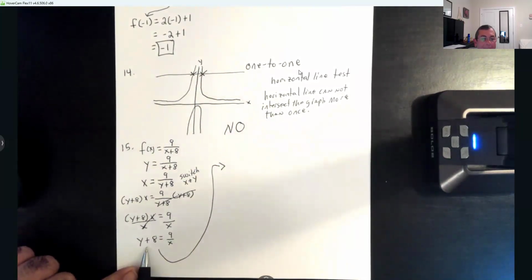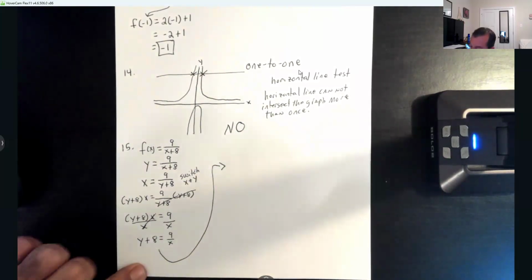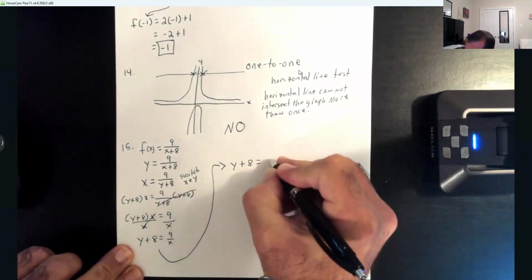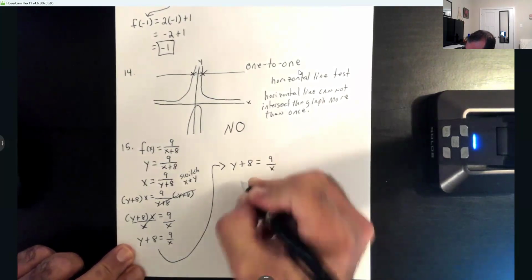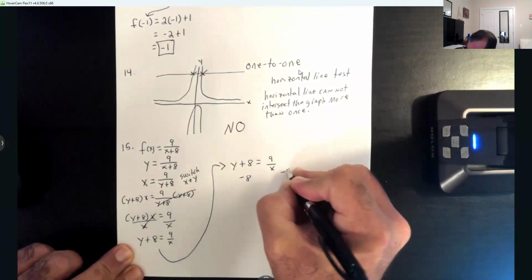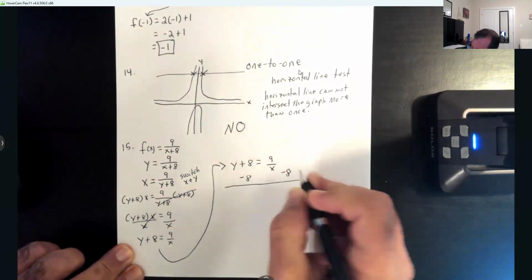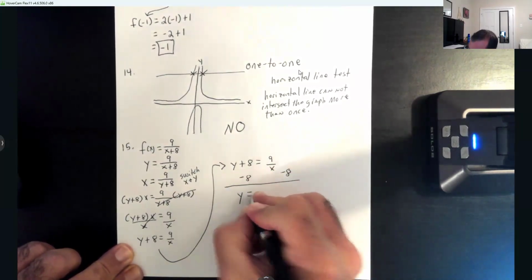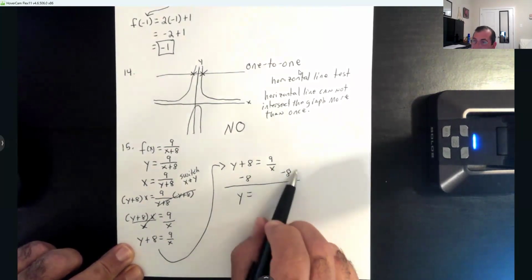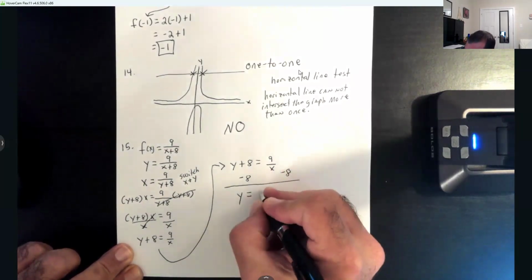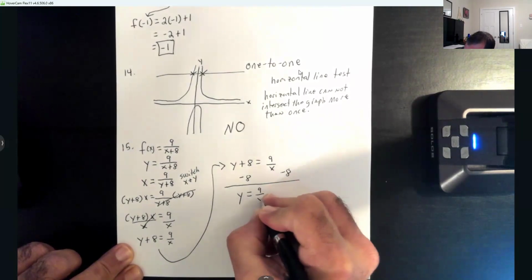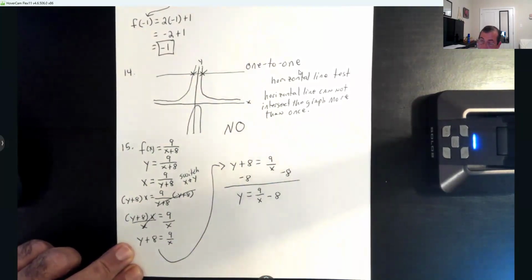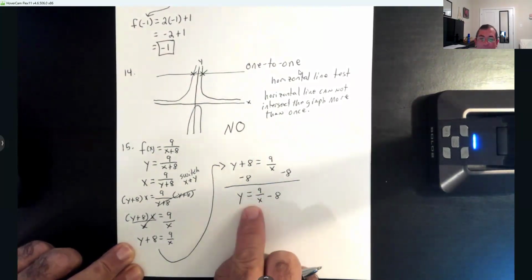To get this y by itself, I'm going to subtract 8 from both sides. So those 8s will cancel, leaving the y by itself. These are not like terms, so I'm just going to leave that as a 9 over x minus 8. So we've got it solved.